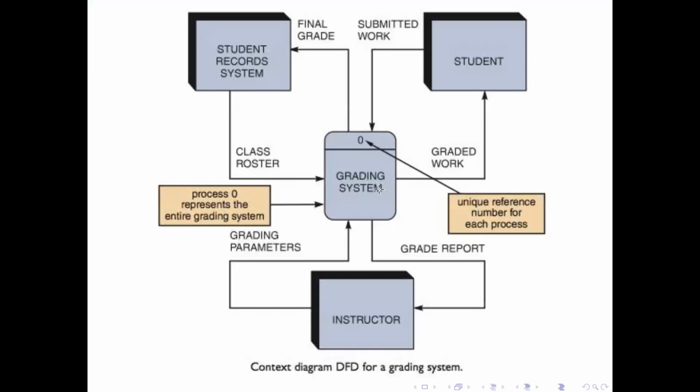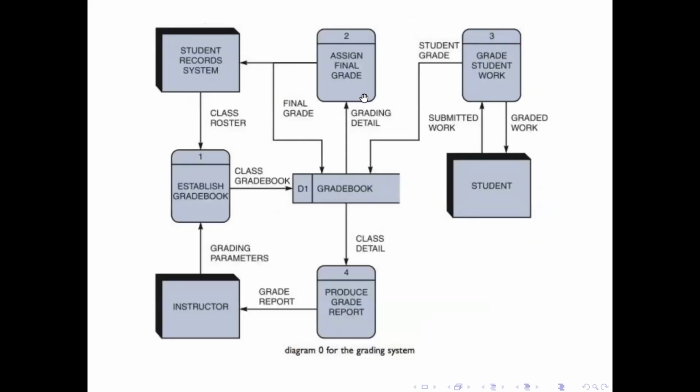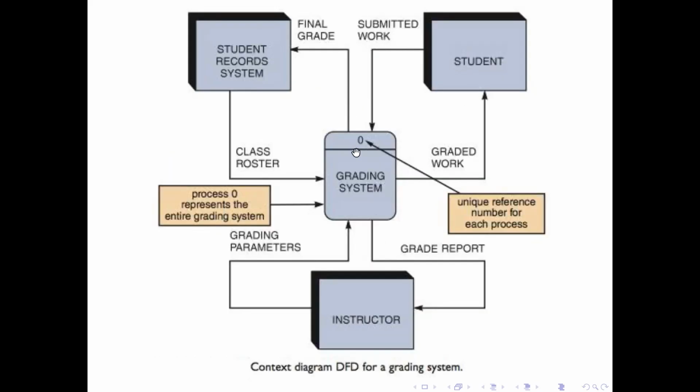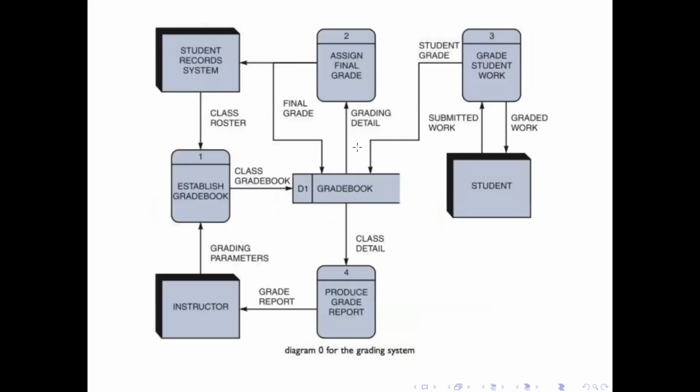So for example, in this one, we have a grading system, and this is the context diagram where we will see the main external entities and their data flows. And then if you want to go into more detail about these processes, then we can create sub-processes. Here the process is 0, so we can have 1, 2, 3.